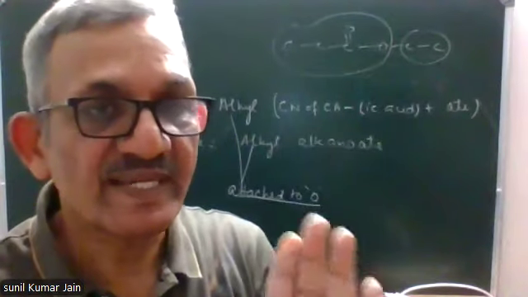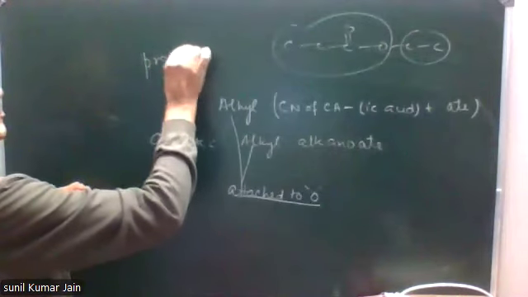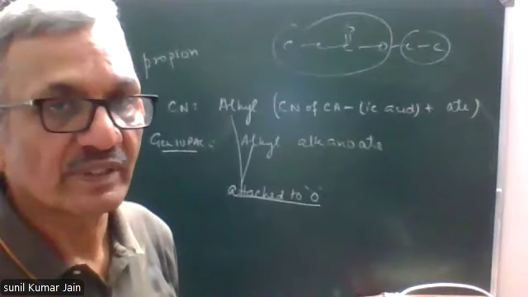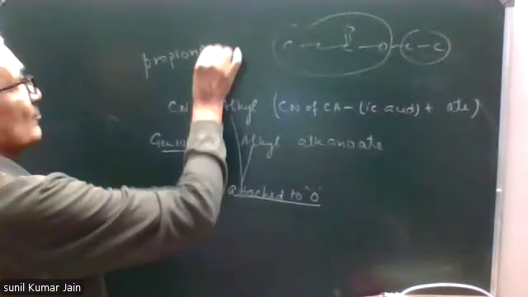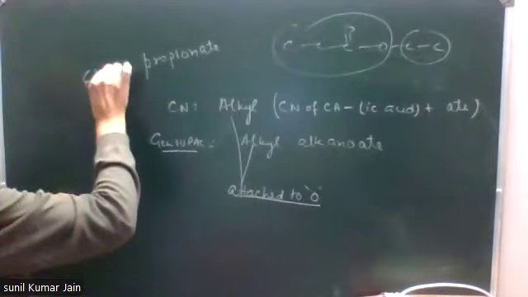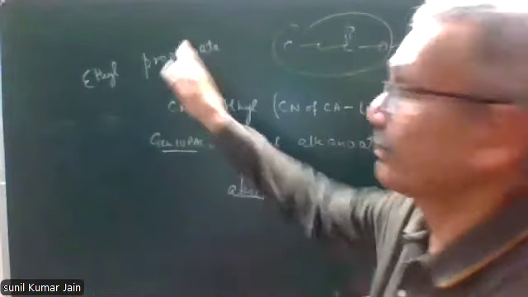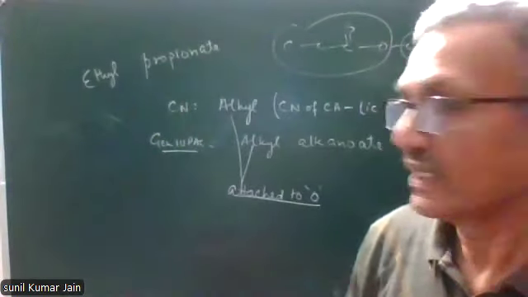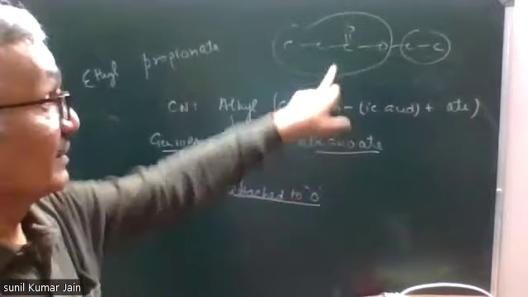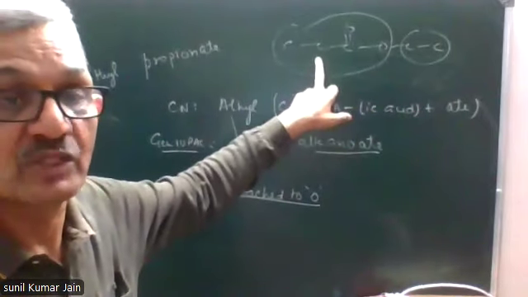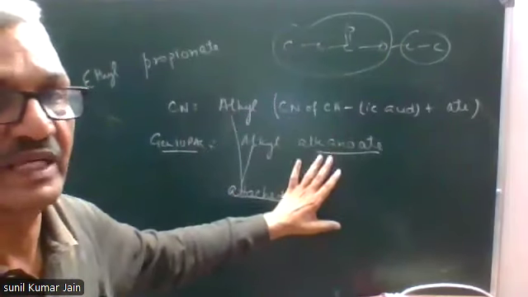From propionic acid, we remove ic acid. What is left? Propion. After removing ic acid, we add ate. The complete common name becomes ethyl propionate. IUPAC will be ethyl, then the IUPAC name of the acid is propanoic acid. Propanoic acid becomes propanoate: ethyl propanoate.